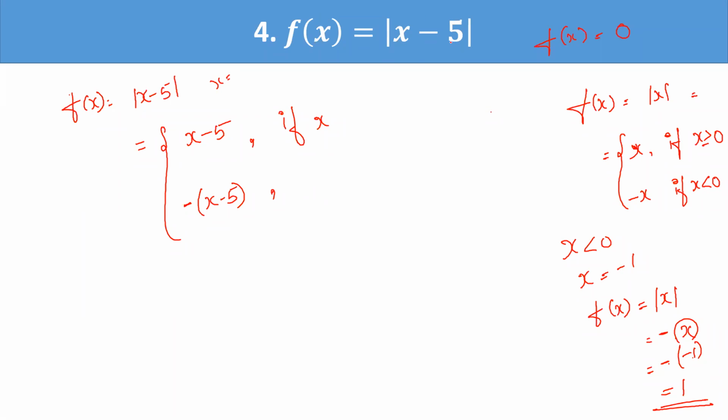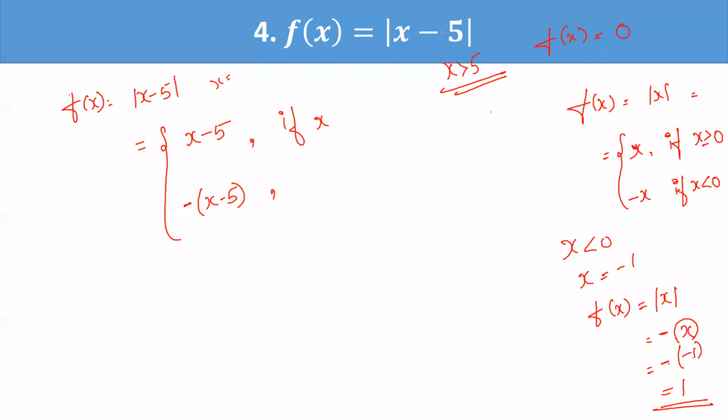What happens to the value inside the modulus if I take x greater than 5? It becomes positive. So if x is greater than 5, the value inside the modulus function becomes positive.